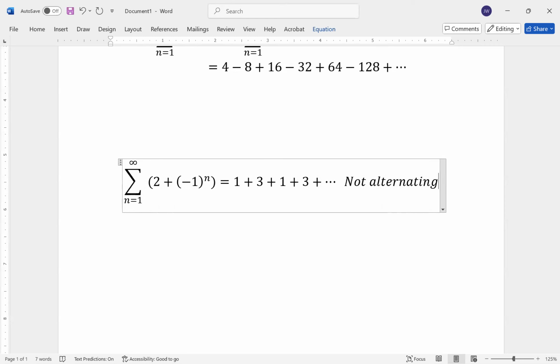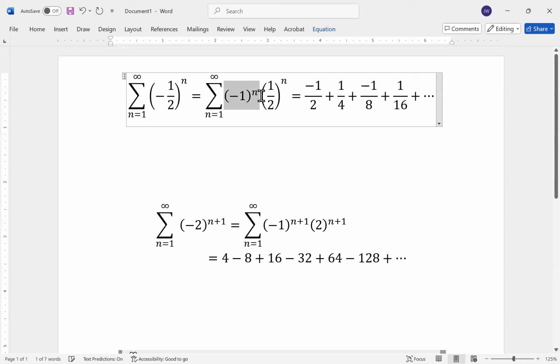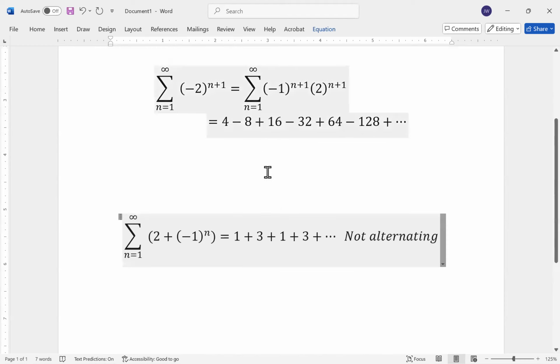In other words, in order for it to be alternating, this negative 1 to the nth power has to be multiplied times the entire other part of the terms. Or negative 1 to the n plus 1 power has to be multiplied times the whole thing.